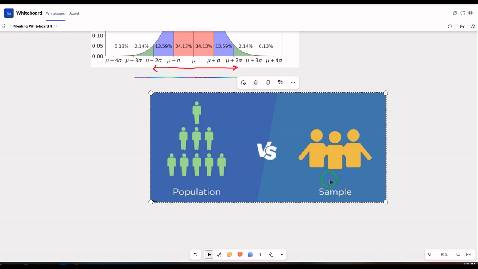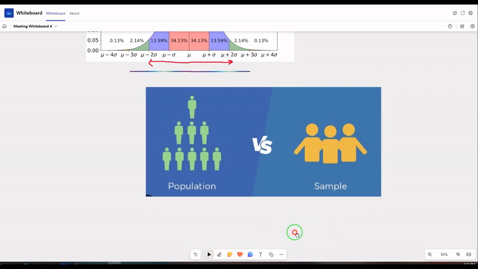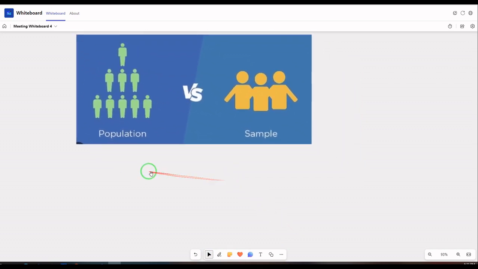Now I will introduce some formulas for the standard deviation for sample versus population when the frequency is 1. So the next step is actually calculating the standard deviation.